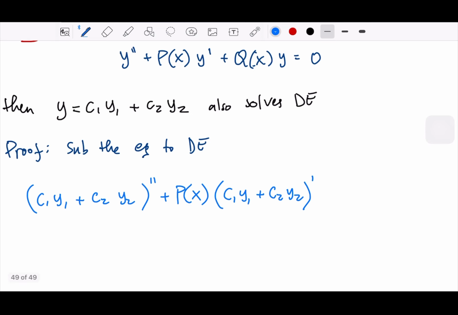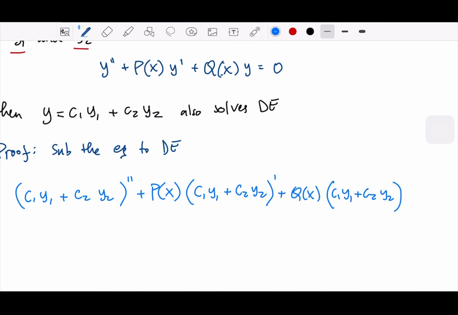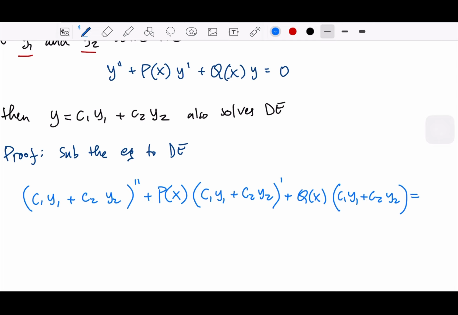So the first is the second derivative of the whole thing inside, and the second is the first derivative, and then plus q of x times c1y1 plus c2y2. And this is supposed to be equal to 0.